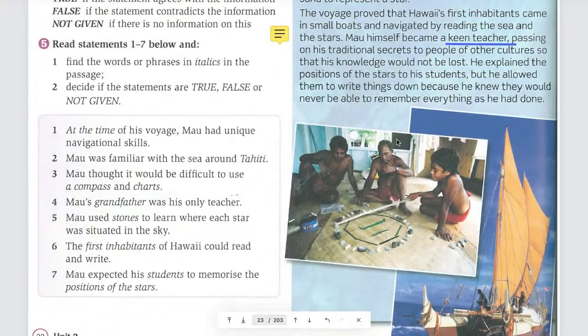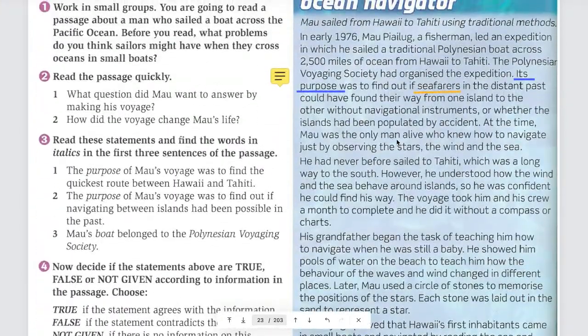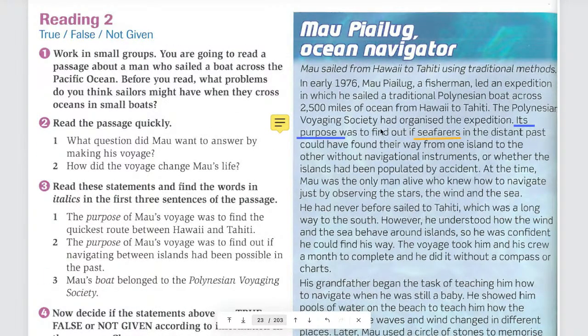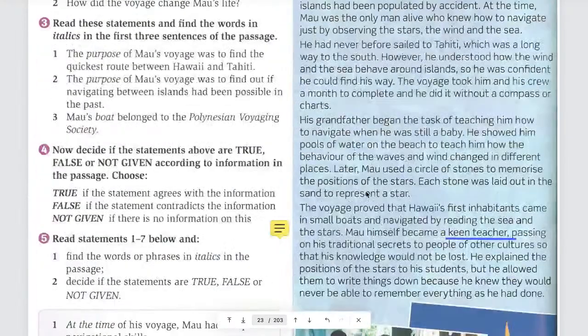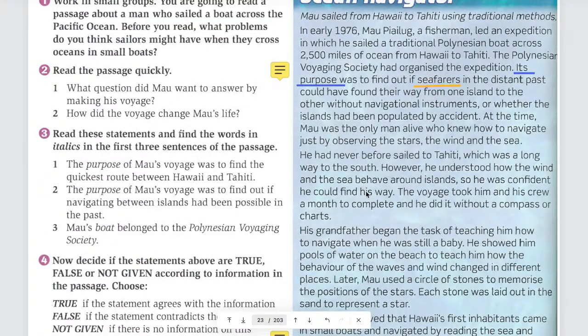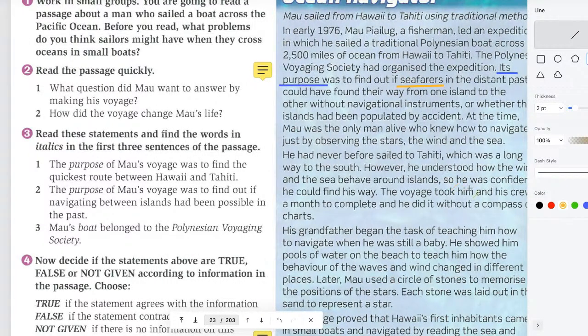It's in paragraph 1, line number 4 from the bottom. Oh, okay, yes. So, "he was confident." Yes, you can underline that word.